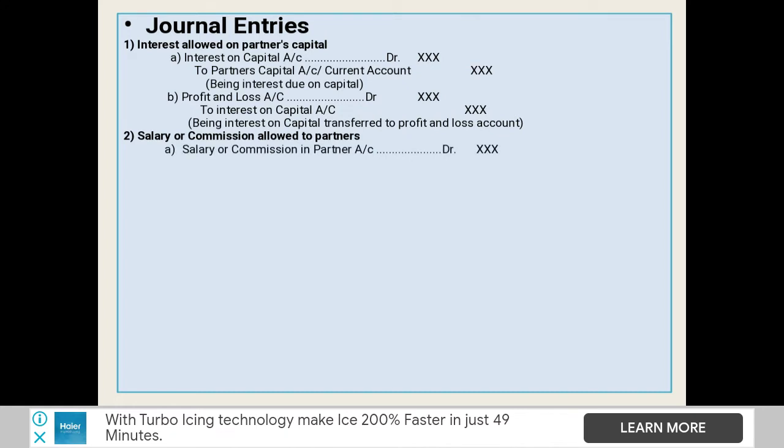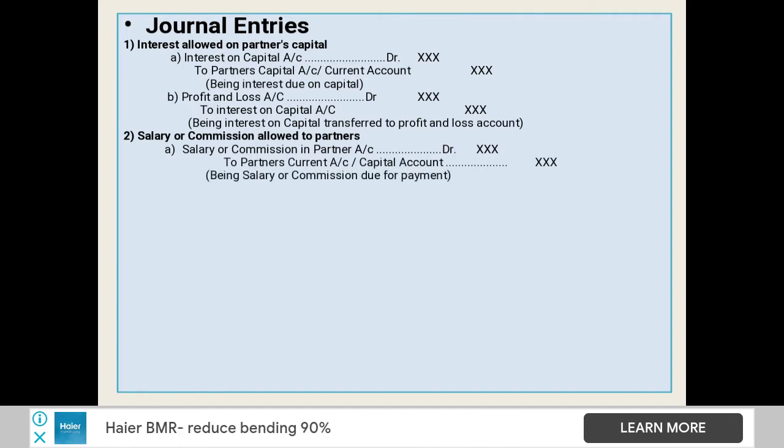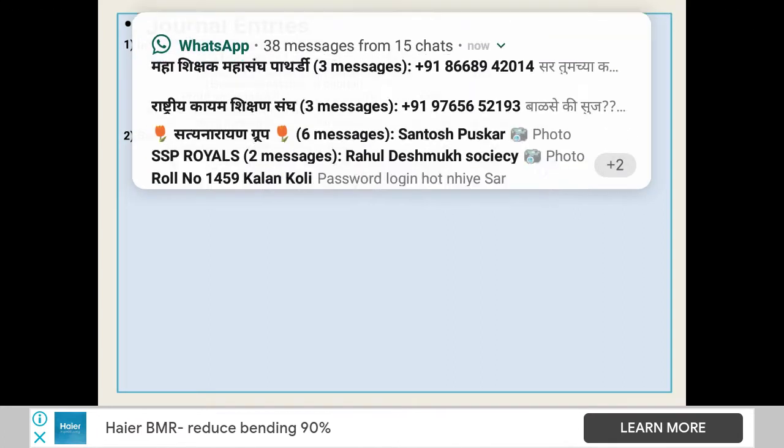Second entry, salary or commission: salary or commission account debit to partner's current account or capital account, being salary or commission due to partner.